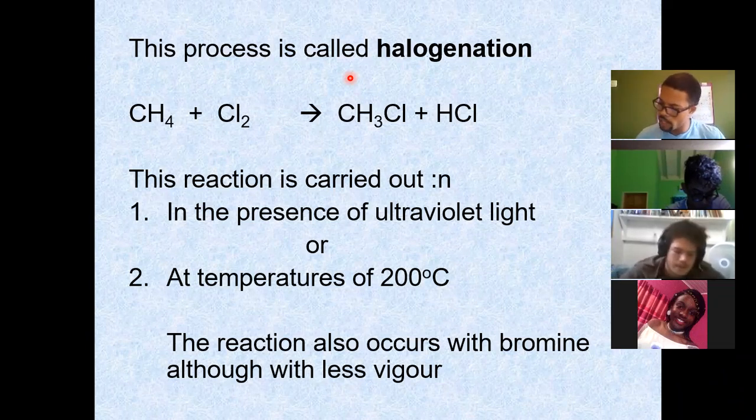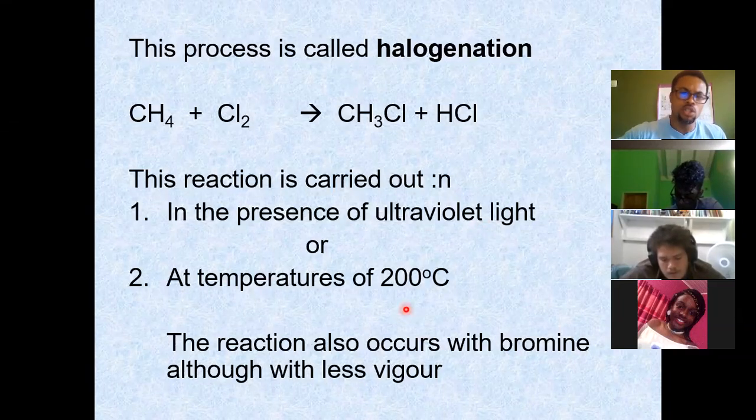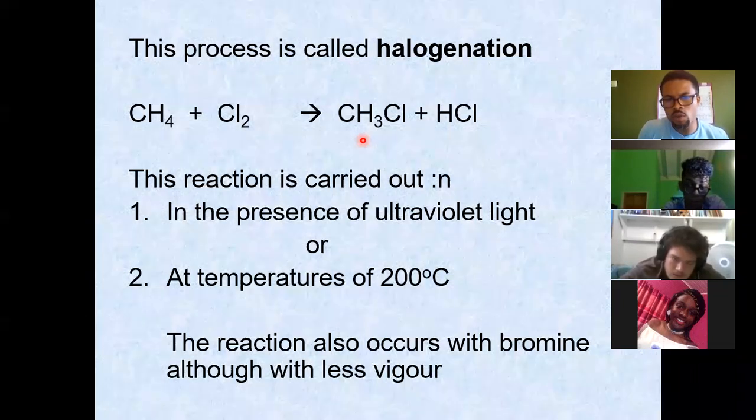This reaction is carried out in the presence of UV light, which is from the sun or any light, or at temperatures of 200 degrees Celsius. So in order for this reaction to go, light must be present in the case of an alkane. This one you could realize with chlorine. So in UV light, it's going to react with the chlorine gas.